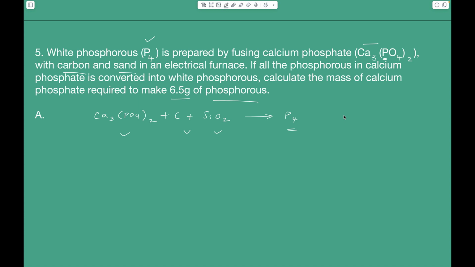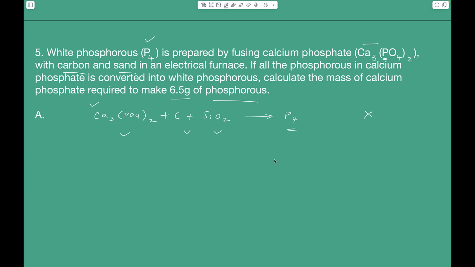But I do not know what they are. So I will not be able to write a complete chemical equation for this reaction. So obviously I cannot write a balanced chemical equation for this reaction. Still, I have to answer this question.